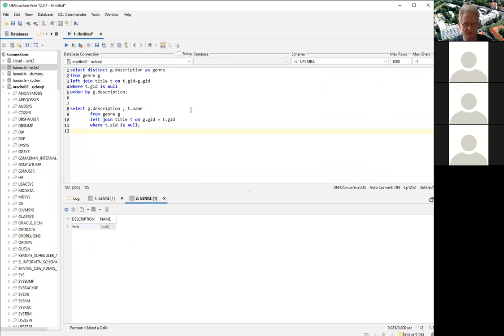It's the same structure as before. We take the genre table, left join. That means we get all the genres independent of their connection to titles. We join it with the title table, and then we say, okay, from the title table, the GID should be null, or we say the SID of the title table is null.